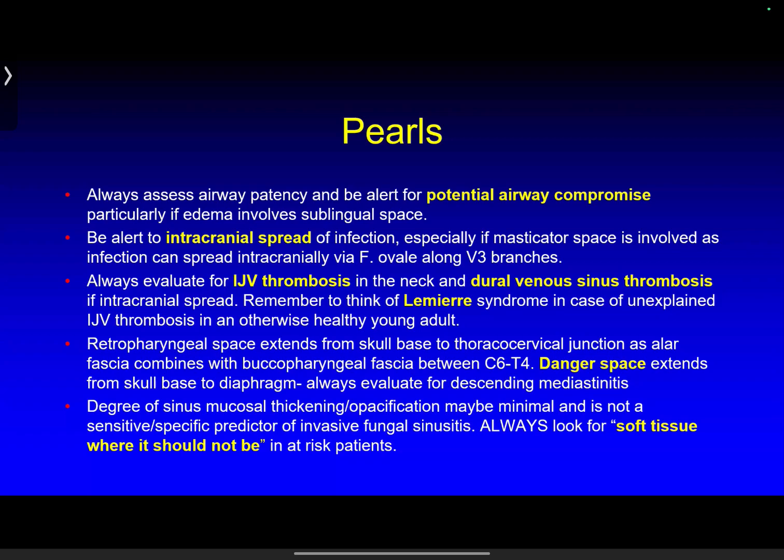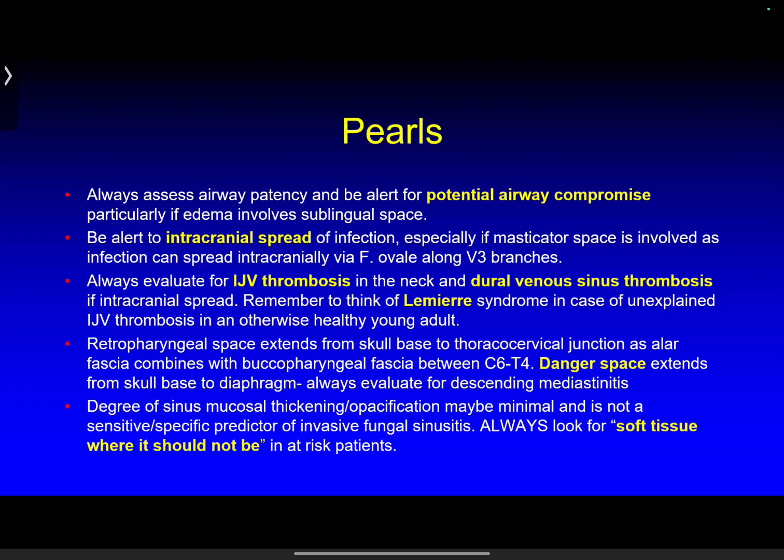Thank you, ma'am. The next question from Shebin is how to differentiate between invasive fungal sinusitis and neoplasm. That's a good question. Usually in the history, a neoplasm does not produce the kind of inflammatory or infiltrative soft tissue that you will see in cases of invasive fungal sinusitis.